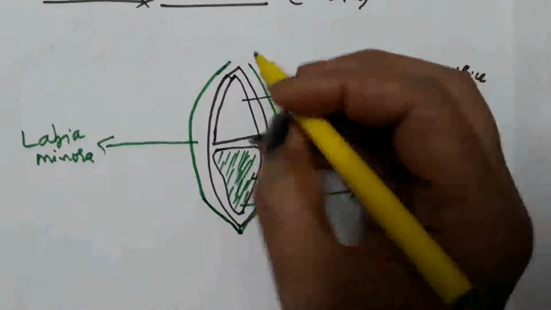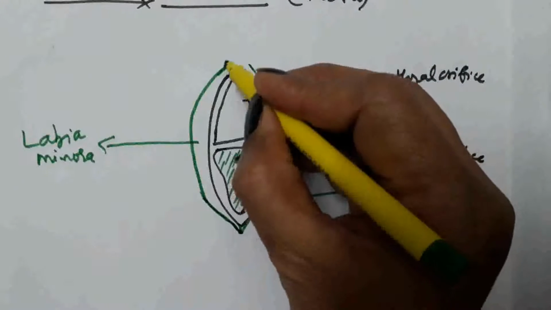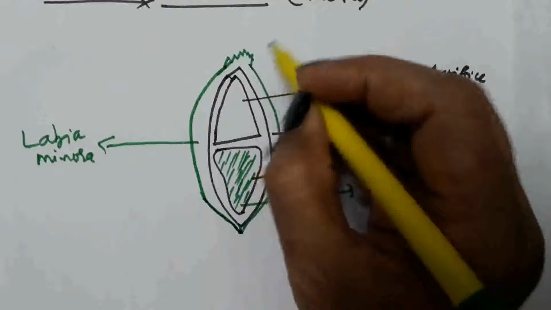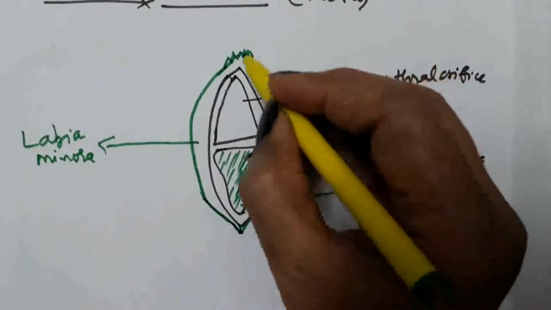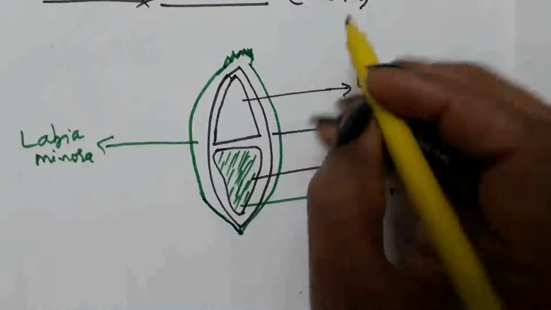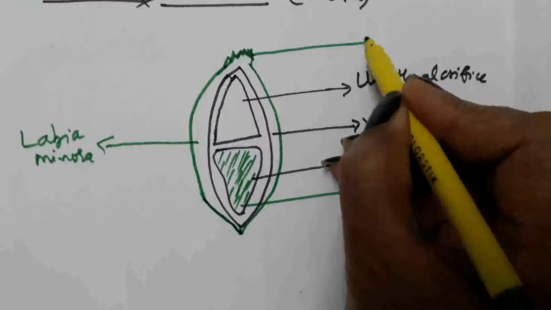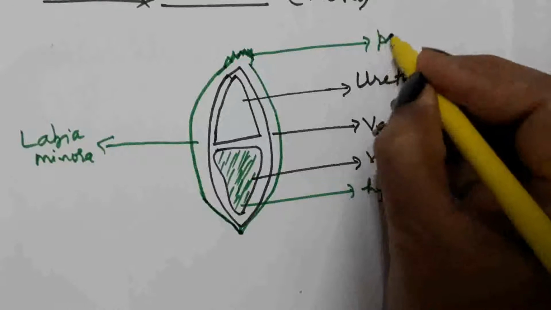At the anterior end of the labia minora there is a loose skin fold, and we call this skin fold the prepuce.